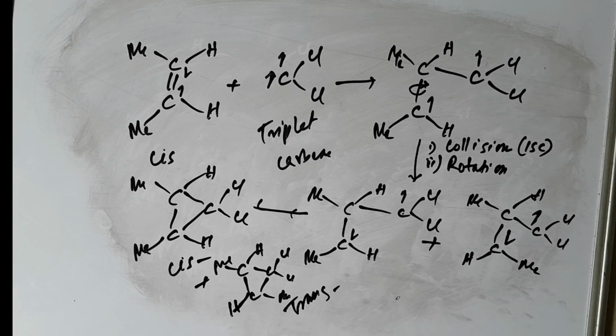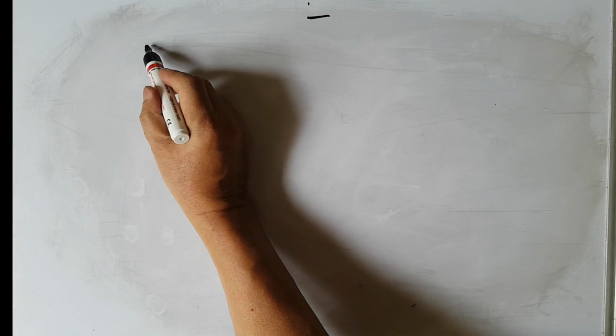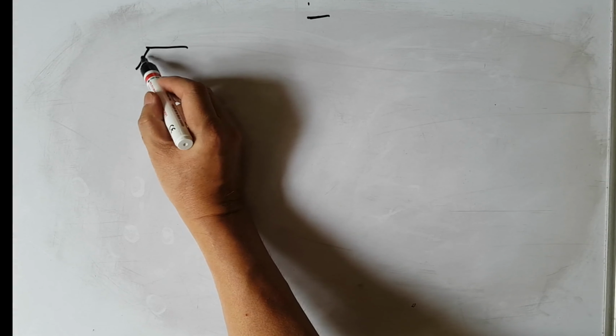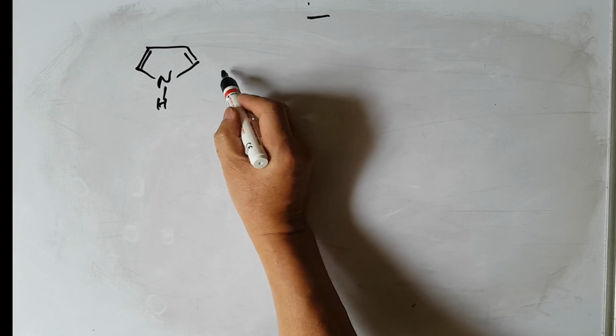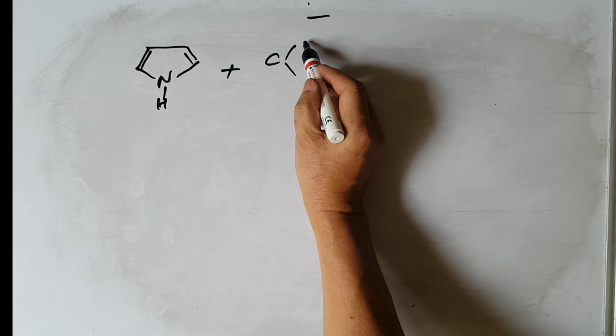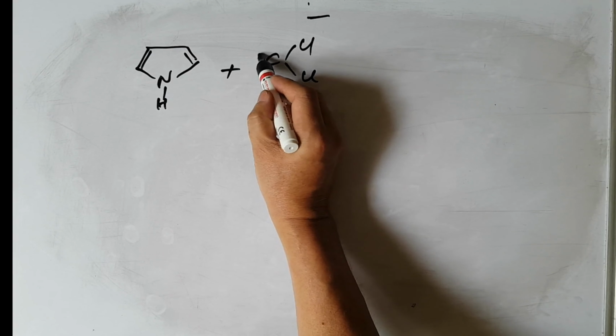Okay, so now we can stop here. But carbenes can undergo addition not only with carbon-carbon double bonds. They can also undergo addition with aromatic compounds. So for example, I'm giving some examples. Pyrrole reacts with this carbene, here CCl2 carbene.